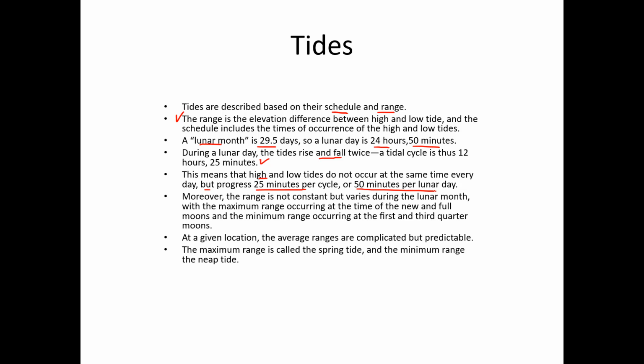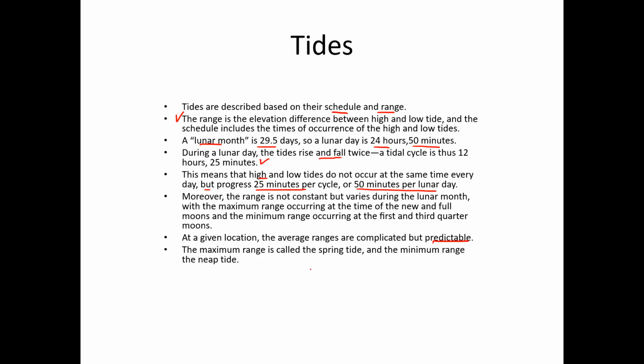Also, the range is not constant but varies during the lunar month. The maximum range occurs at the time of the new and full moons, and the minimum range occurs at the first and third quarter moons. So at a given location, the average ranges are complicated but predictable.